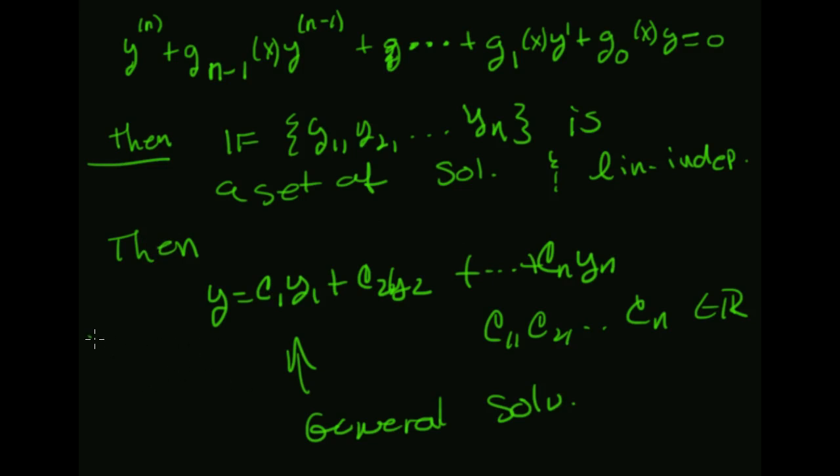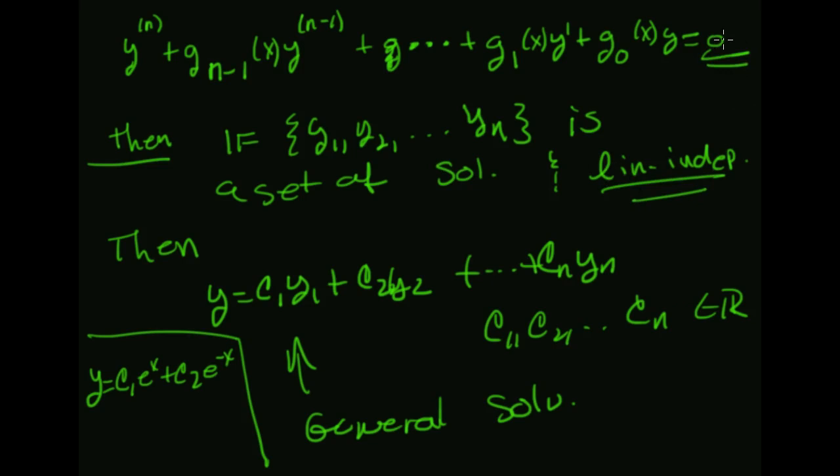Ultimately, in our last example, y equals c1 e to the x plus c2 e to the negative x is the general solution to the differential equation y double prime minus y equals 0. In order to say this, the set has to be linearly independent and the differential equation has to be homogeneous.